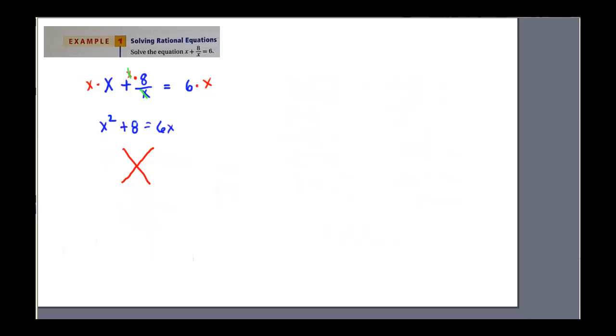So, I first need to rewrite this as x squared minus 6x plus 8 equals 0.